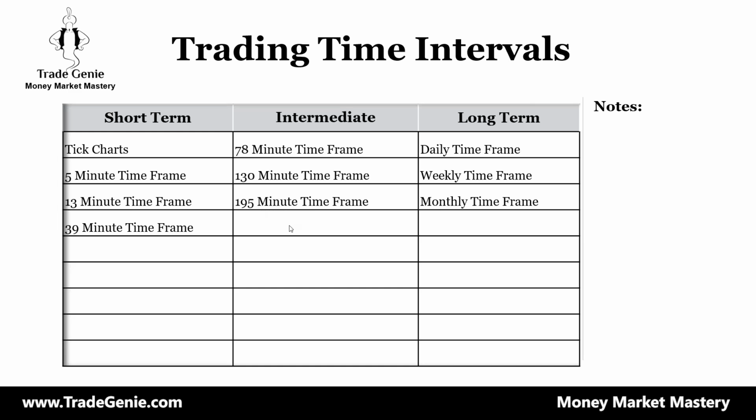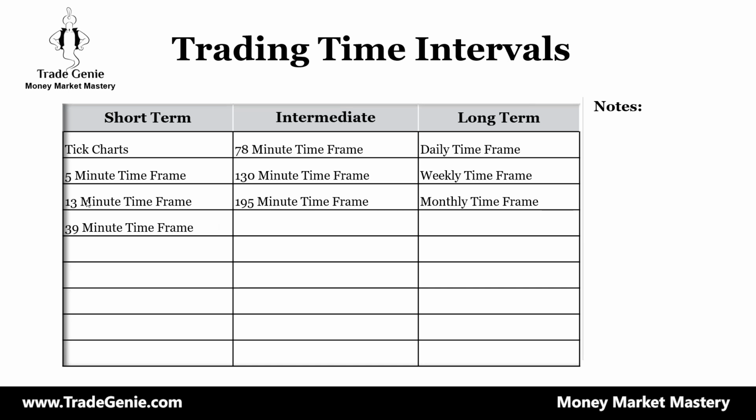So there are 390 minutes in a day. In order to divide the day into equal bars, I divide it into 195 minutes, since 390 divided by 2 is 195. And the lowest interval which divides 390 evenly is 13 minutes.